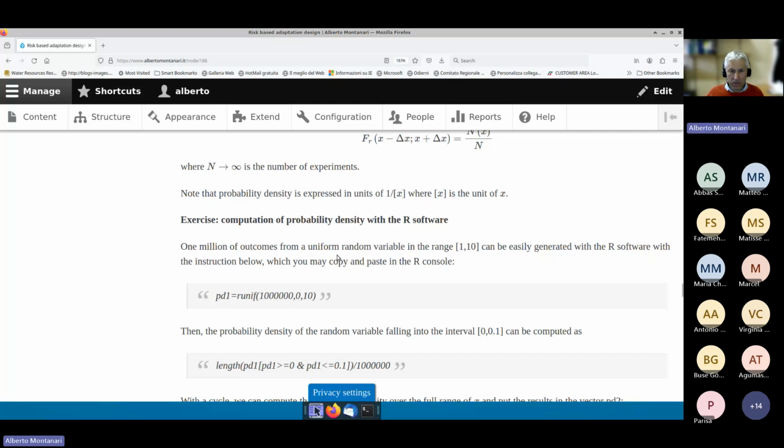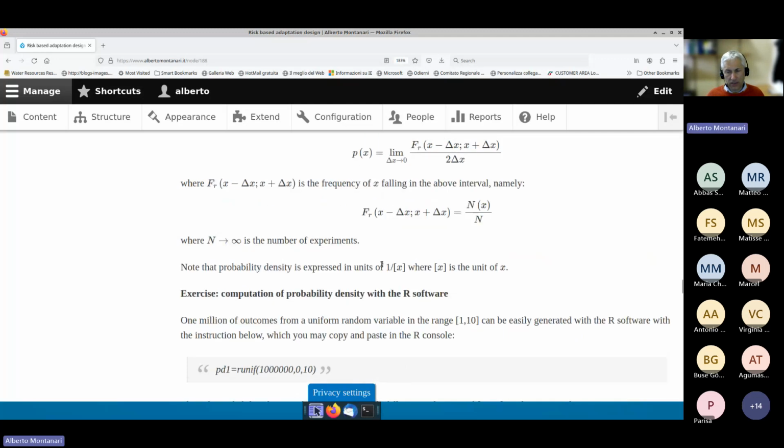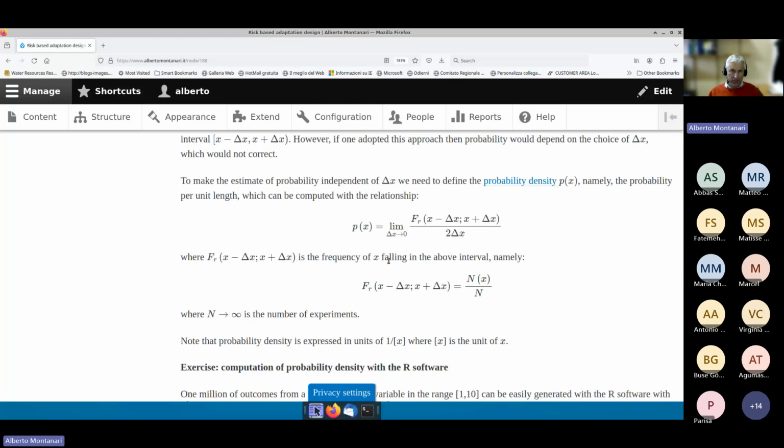Good. Now, in order to make it clear, let's do it in R. Let's split the domain of our variable that we generated into small intervals, and let's compute the density of frequency, which I assimilate to the density of probability. Before I go to the computation, do you have any question?